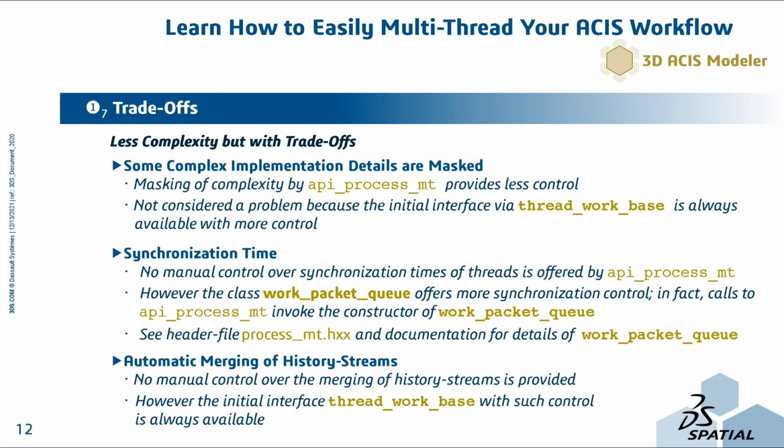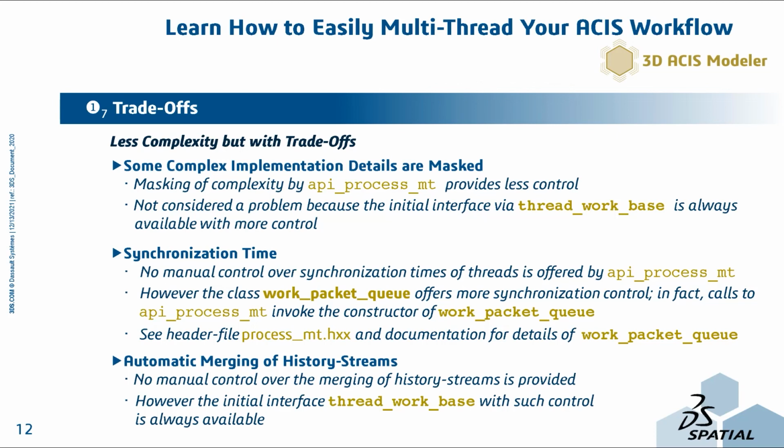First, for synchronization time, no manual control is offered by API Process MT. However, manual control is offered by the new class Work Packet Queue. In fact, calls to API Process MT invoke the constructor of Work Packet Queue.